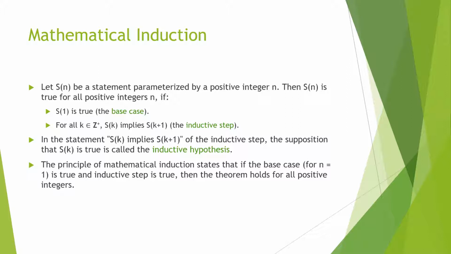What does it mean? It means that proving the inductive step and the base case, or basis step, is enough to prove that the statement parameterized by a positive integer like n is true for all positive integers.